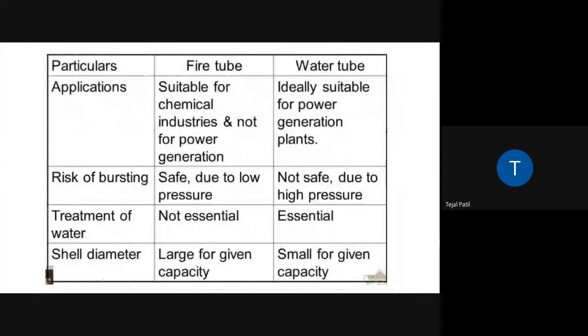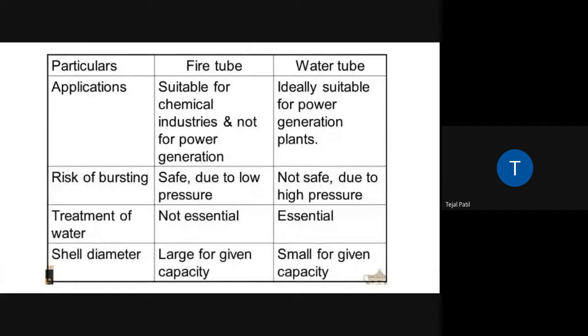Okay, then next one is the application. The fire tube boiler is suitable for chemical industries and definitely not for power stations, because you are not getting very high pressure. So that's why it is suitable for chemical processing plants or food industry plants, for sterilization purposes or sometimes for cooking also.